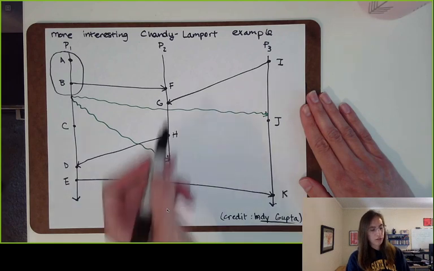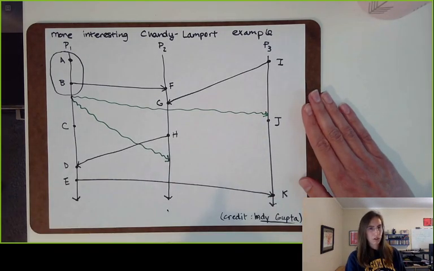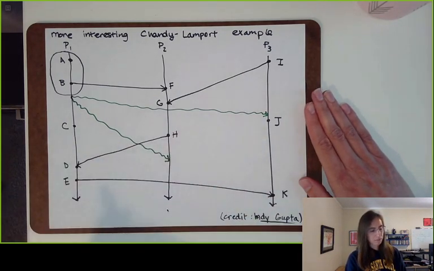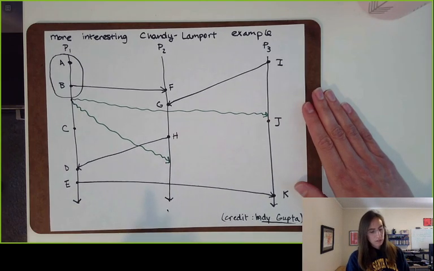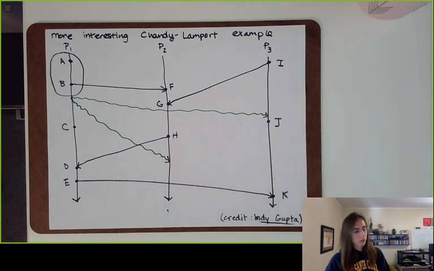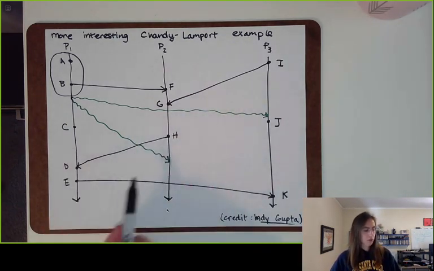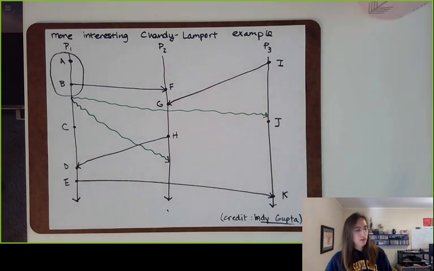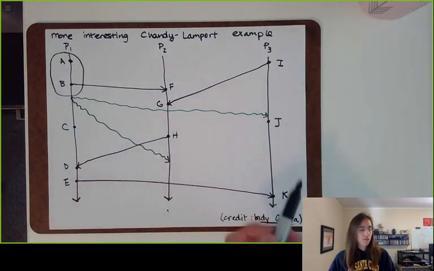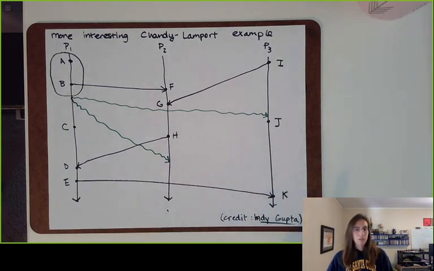Similarly, P2 has outgoing and incoming channels to everybody. And this actually doesn't have anything to do with whether the messages are broadcast messages or not. These messages are just point-to-point messages. But in order for us to do this algorithm, every process does have to be aware of all the other processes.